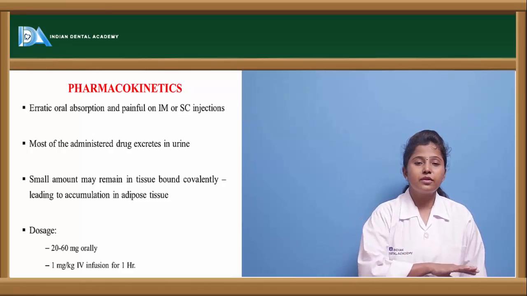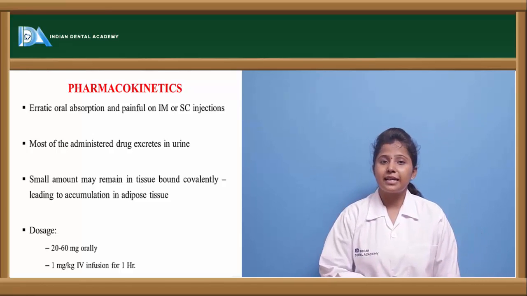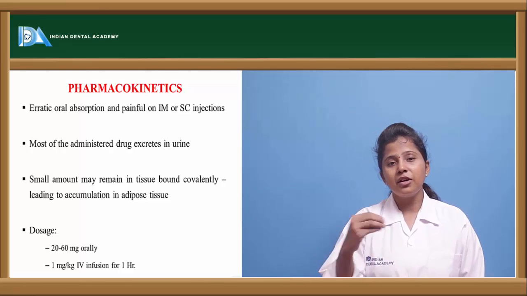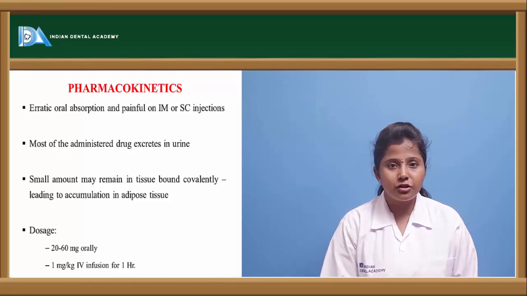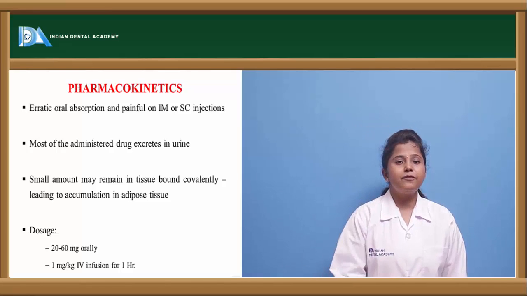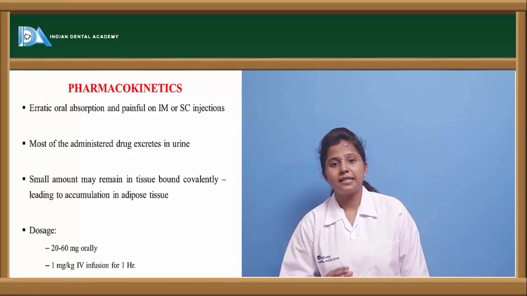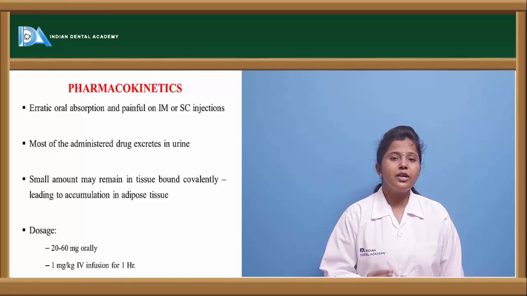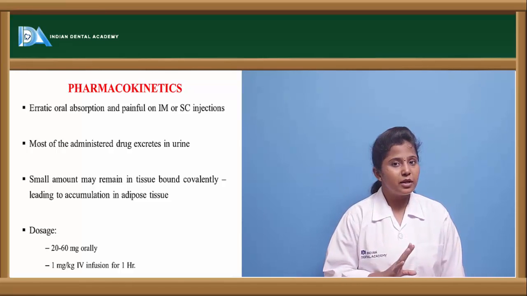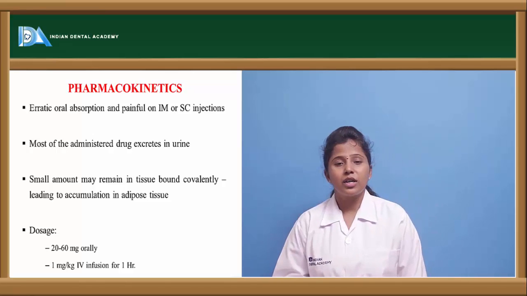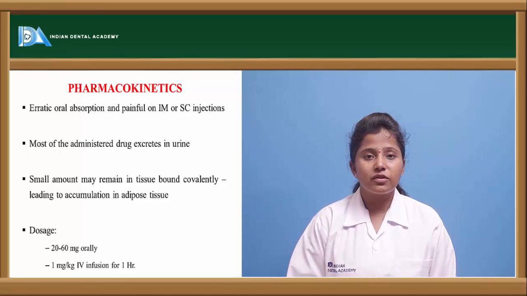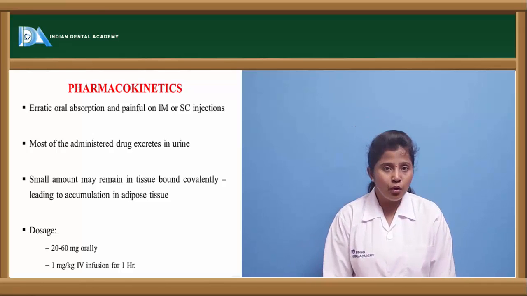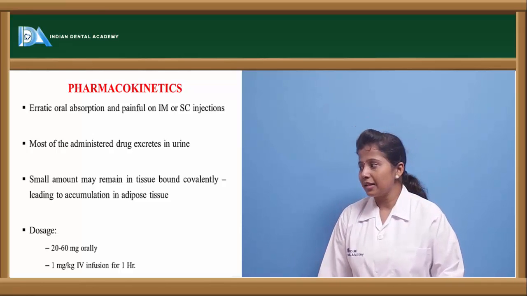And most of the drug which is administered is excreted in the urine itself, because the availability of the drug in the systemic circulation is low. For example, if 100% drug is there, out of that only 20 to 30% of the drug is reaching blood circulation, and the remaining 70 to 80% of the drug is excreted in the urine as a metabolite, which is of no use, or else we can say it shows lesser effect.